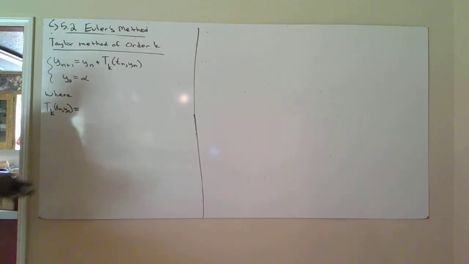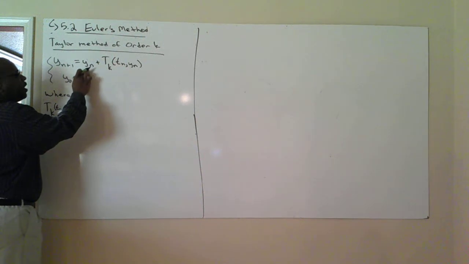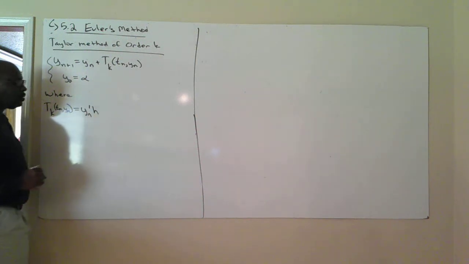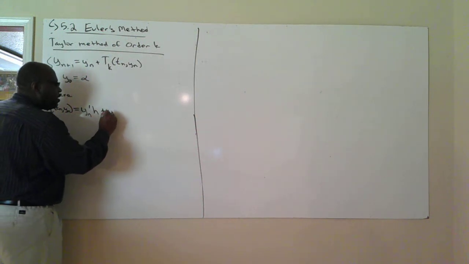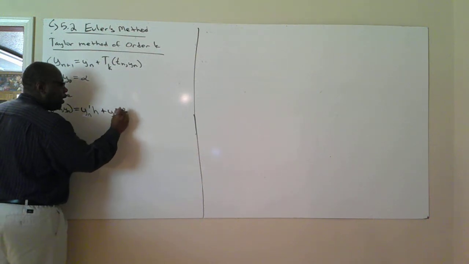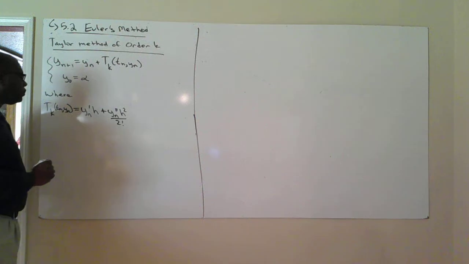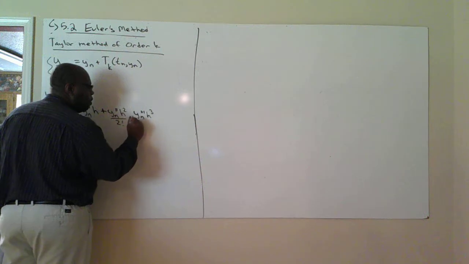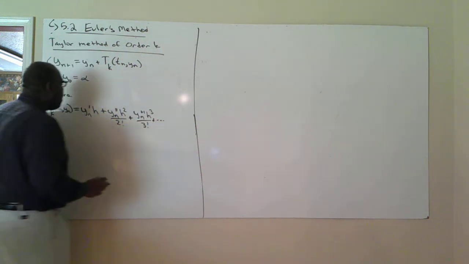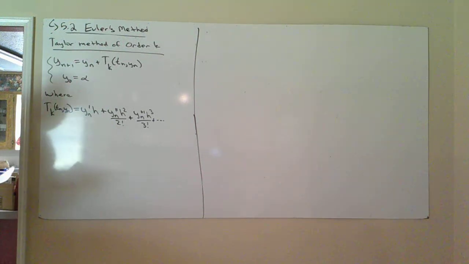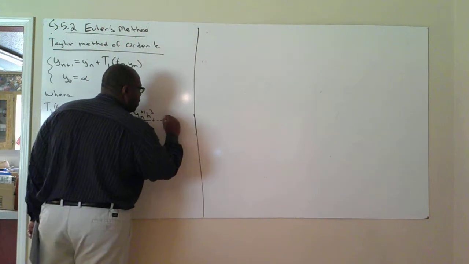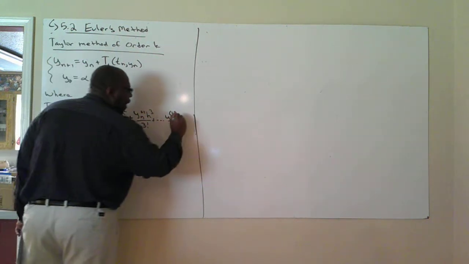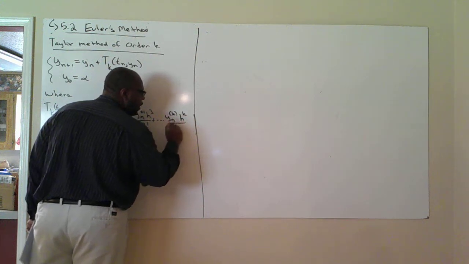If we were to think about this as a Taylor series, we have y sub n plus y sub n prime times h, plus y sub n double prime times h squared over 2 factorial, plus y sub n triple prime times h cubed over 3 factorial, plus all the way up to whatever our value of k is. So it's going to be the kth derivative of y sub n, h to the k over k factorial.